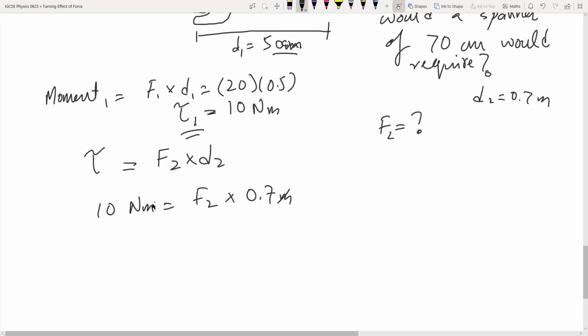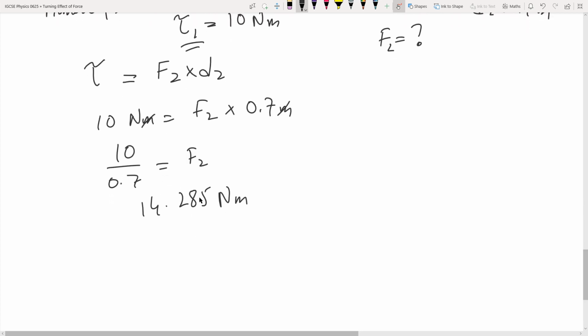The meters cancel out, so newton is left: 10 divided by 0.7 is equal to F2. That is 14.285, and rounding off, it is 14.29 newtons. That is force 2.